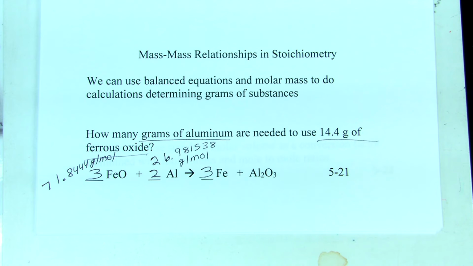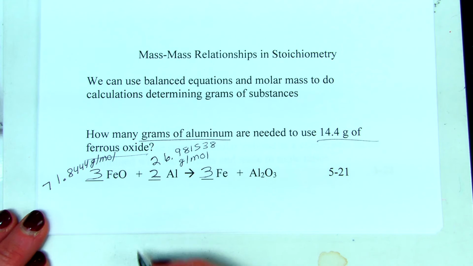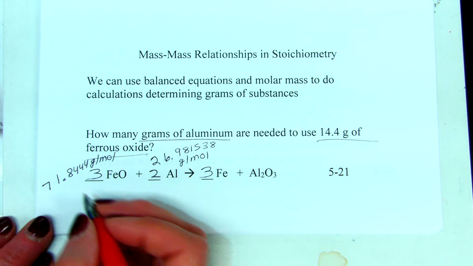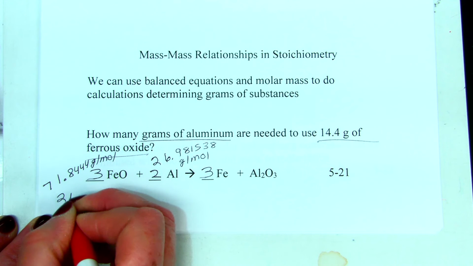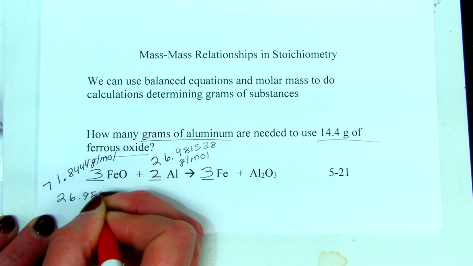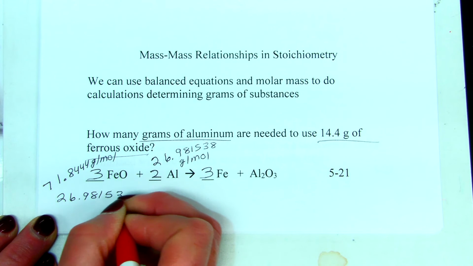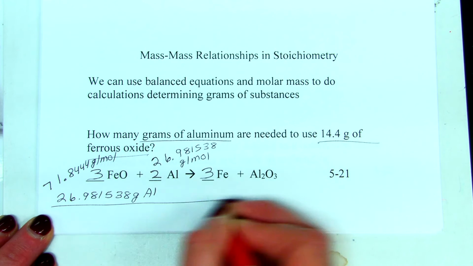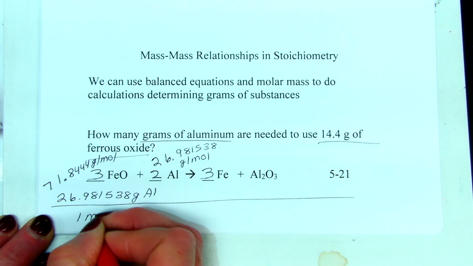Now I can go ahead and do my calculations. I want my answer in grams of aluminum. So what does it make sense to start with? Aluminum, the molar mass of aluminum. So I start with that, 26.981538 grams of aluminum is 1 mole of aluminum.